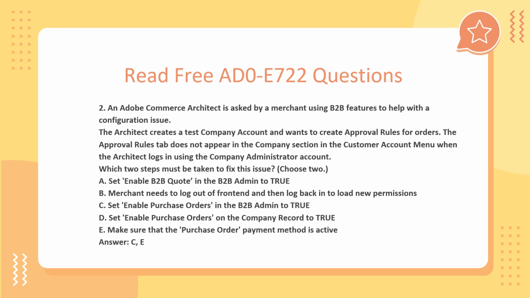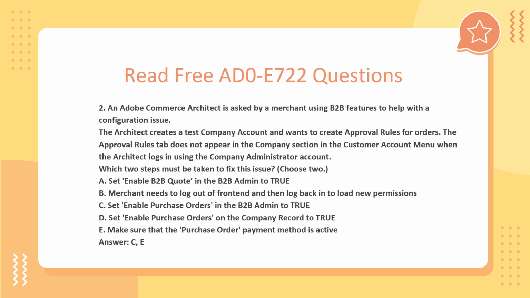2. An Adobe Commerce Architect is asked by a merchant using B2B features to help with a configuration issue. The architect creates a test company account and wants to create approval rules for orders. The Approval Rules tab does not appear in the Company section in the Customer Account menu when the architect logs in using the Company Administrator account. Which two steps must be taken to fix this issue? Choose 2. A. Set Enable B2B quote in the B2B admin to true.